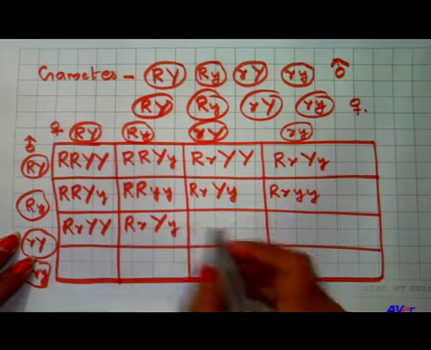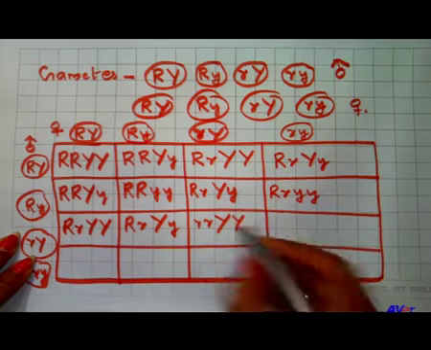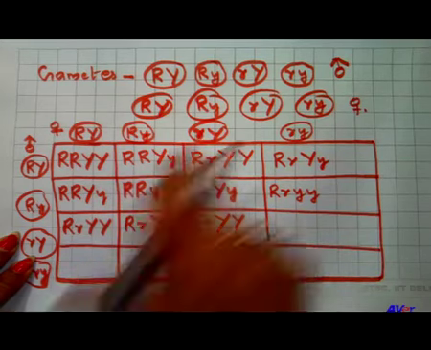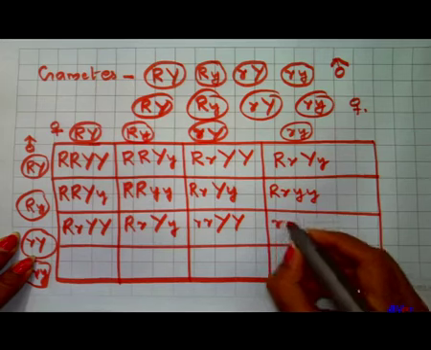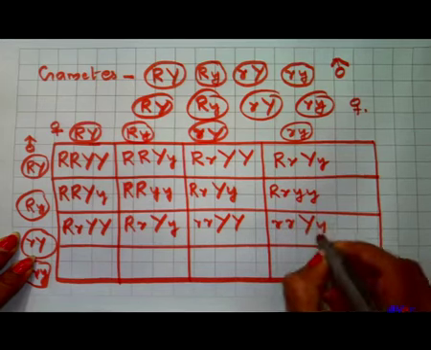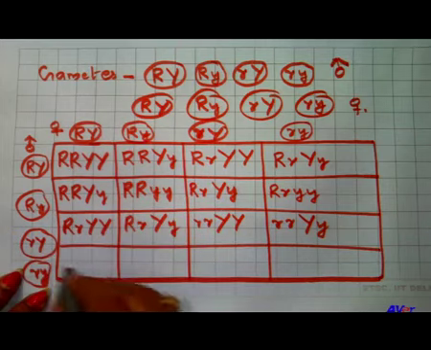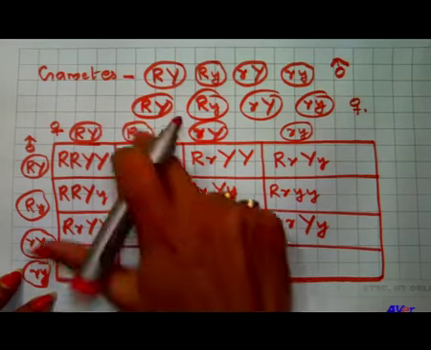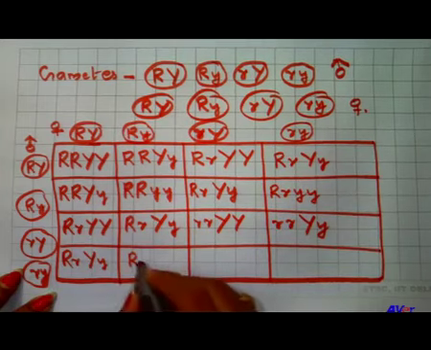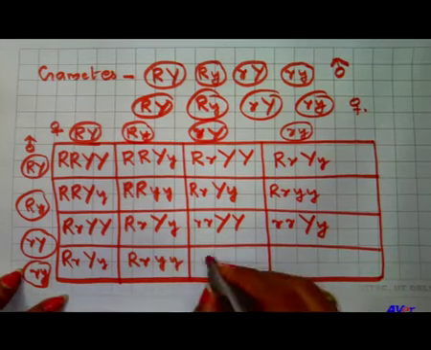See this combination like this. Small r and capital Y here. Small r, capital Y, small y. This one is capital R, capital Y, small y. Here see capital R, small y, small y.